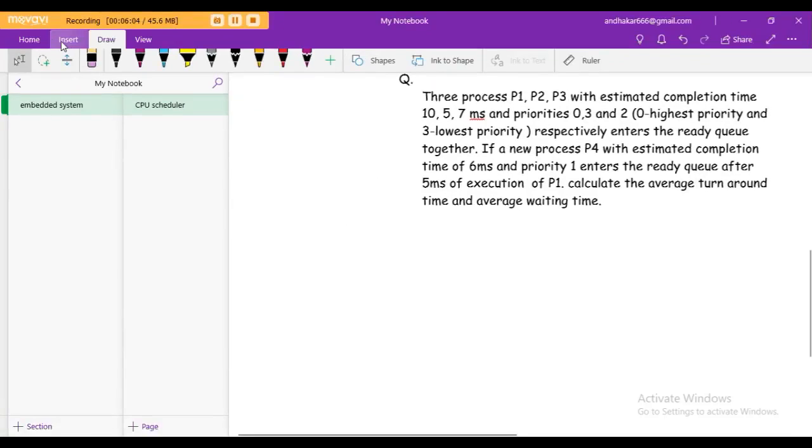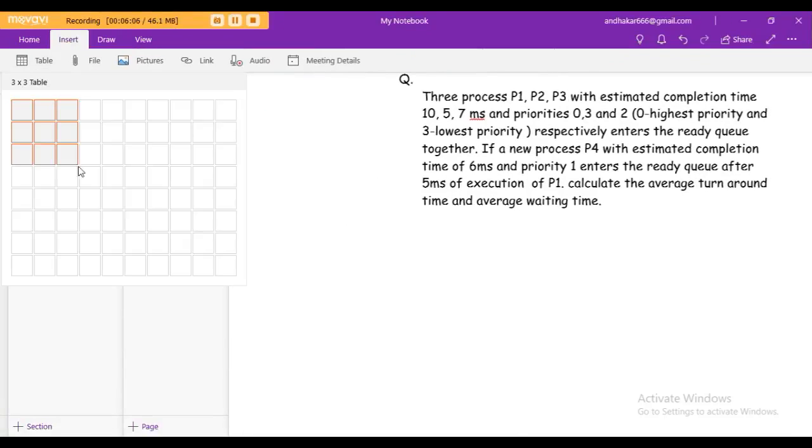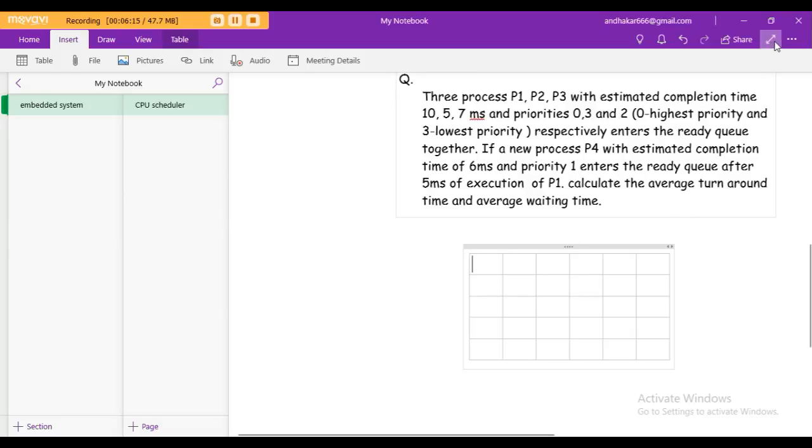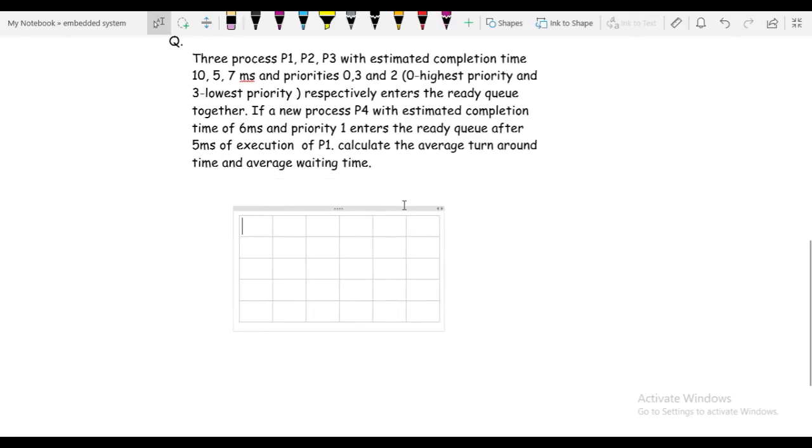Let's insert a table. The first column will be for process number. How many processes are there? P1, P2, P3 and P4, right?